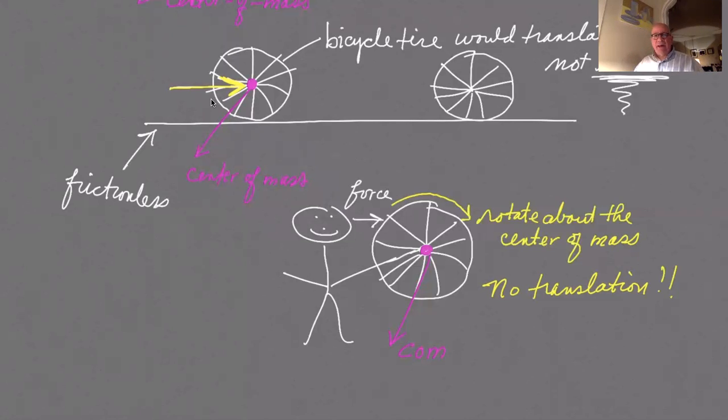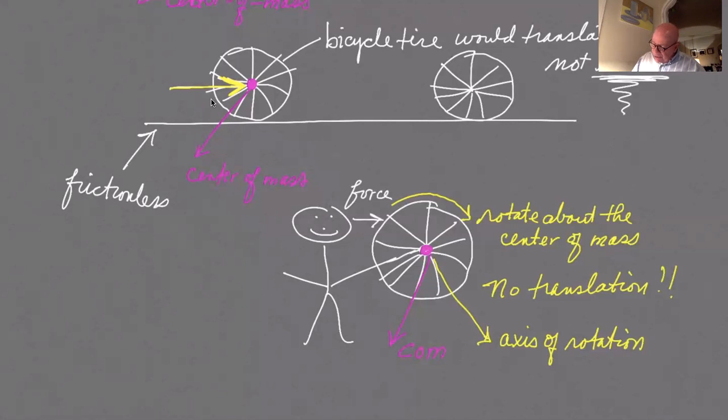We're going to be looking at objects that are going to have rotational motion, right? About some axis of rotation. Okay, so it doesn't need to necessarily be the center of mass. Okay, so this is going to be some axis of rotation.